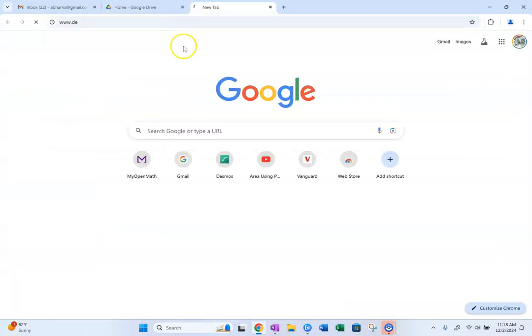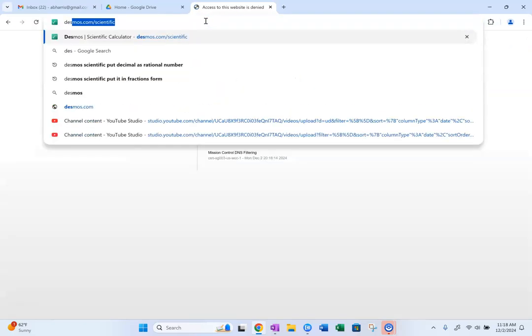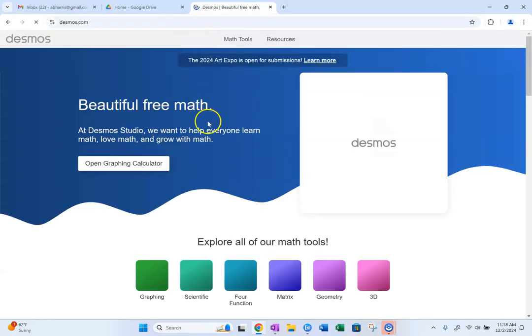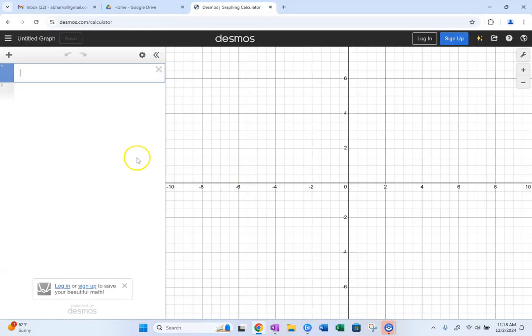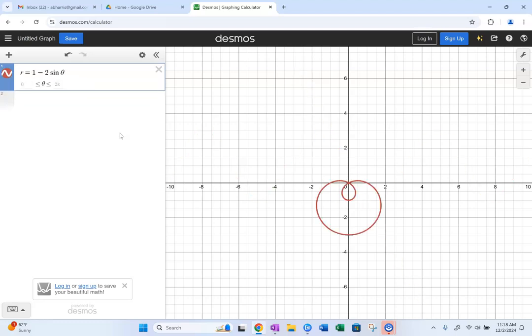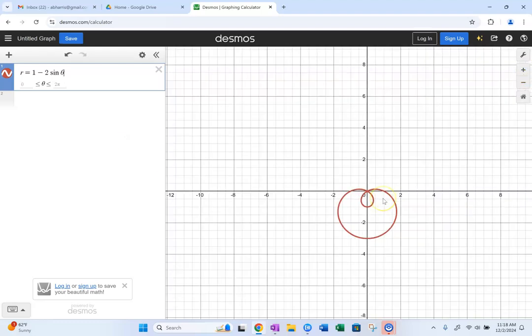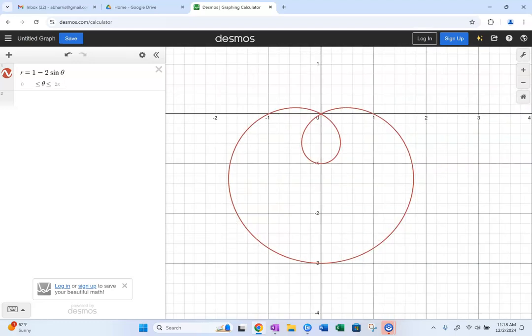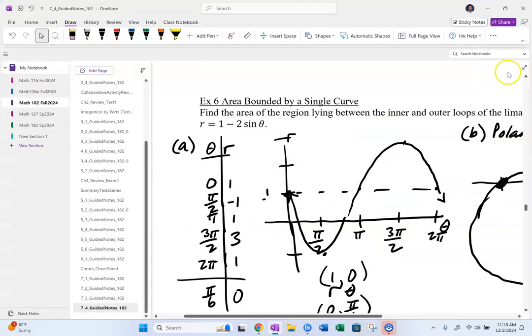Throw on, whoops, decimals. You throw on r equals 1 minus 2 sine theta. And you can see that with an inner loop right there, right? Technology assistance on this one.